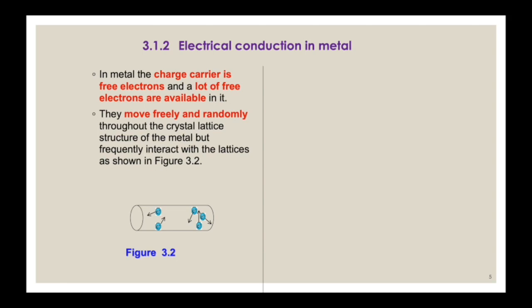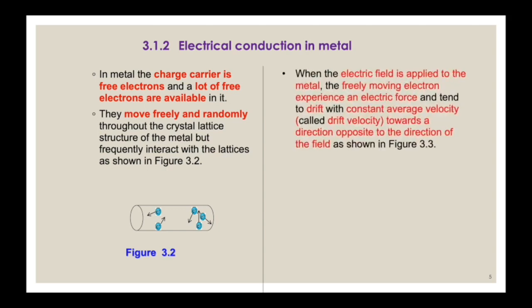These free electrons move in any direction randomly, and when we switch on the circuit, or an electric field is applied to the metal, the free electrons in the wire experience an electric force, and all the electrons inside the wire drift with a constant average velocity towards the opposite direction of the field, like this.